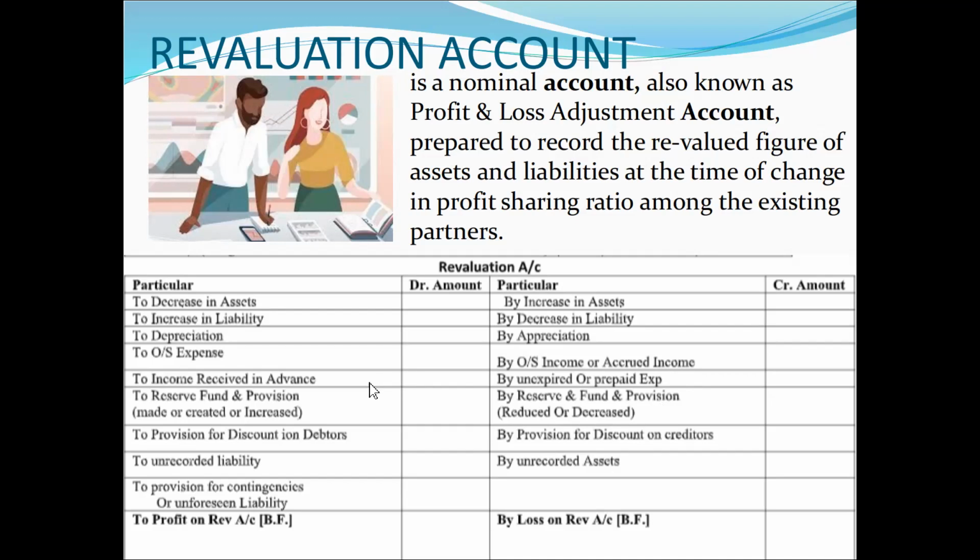When liability increases, you enter it in the debit side. When asset decreases, you enter it in the debit side. When asset increases, you enter it in the credit side. Then provision for discount on creditors, and unrecorded asset.